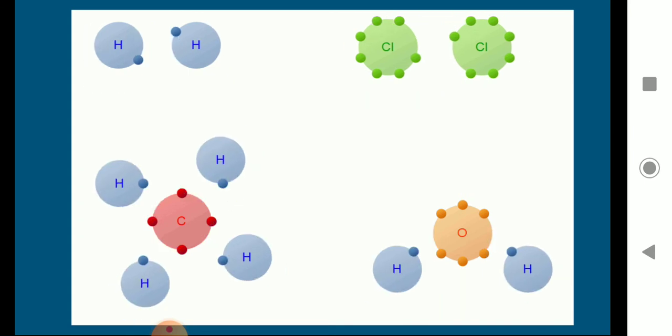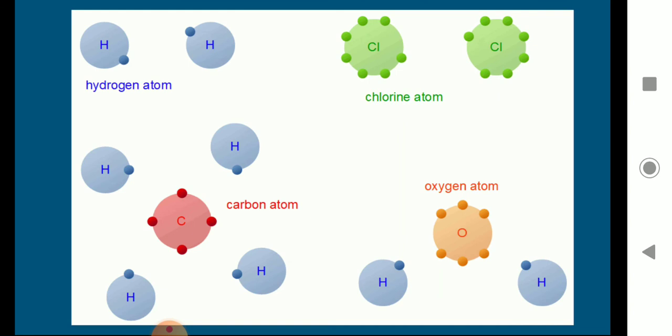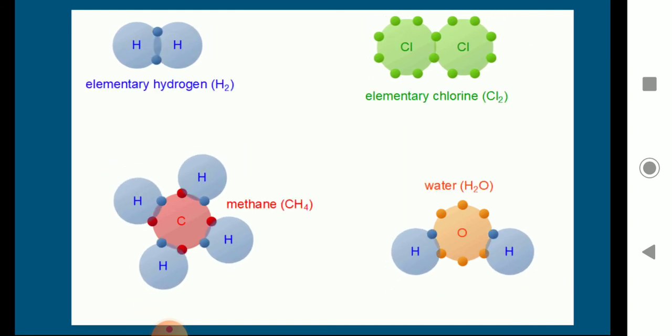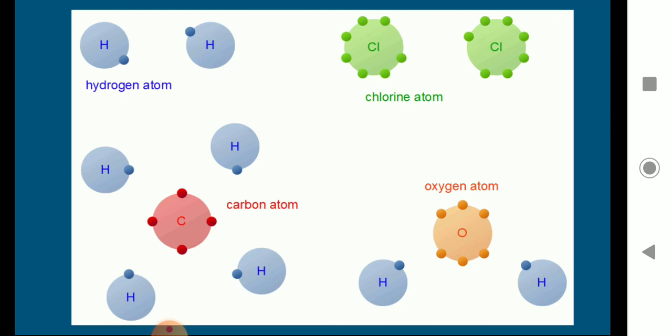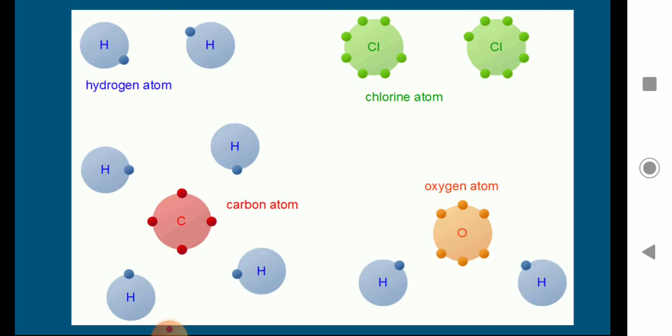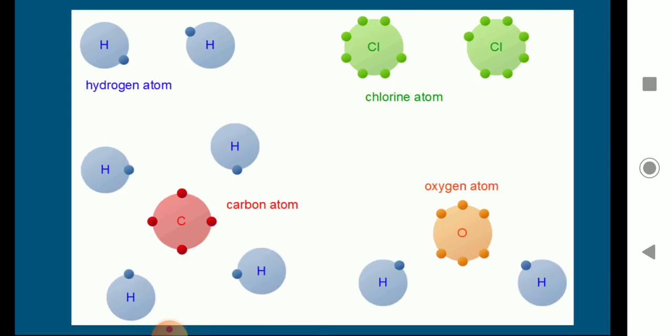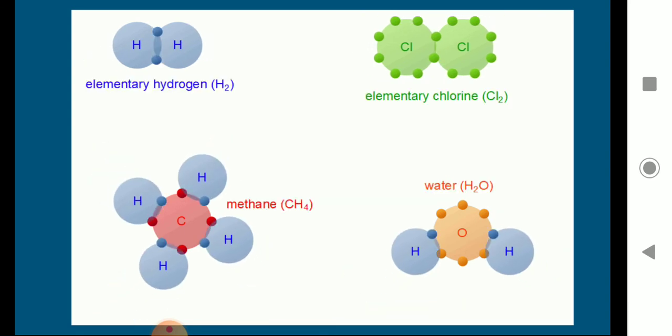They are formed because of sharing of electrons and you will find these atoms get attached to each other without going apart. So the formula here becomes H2, Cl2, methane you could see CH4, carbon is 1 and hydrogen 4 because carbon has 4 electrons in its outermost orbit and it requires 4 electrons to complete its last orbit.